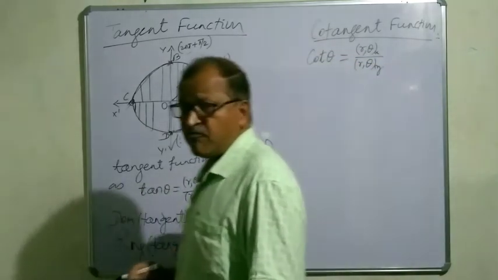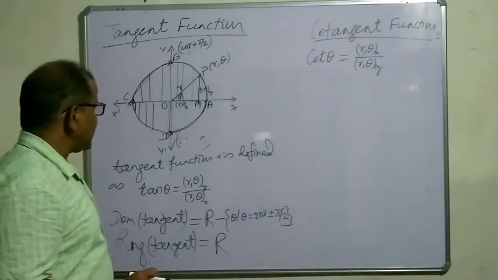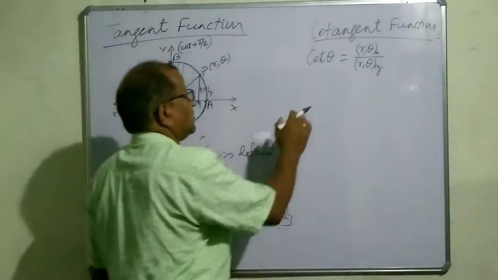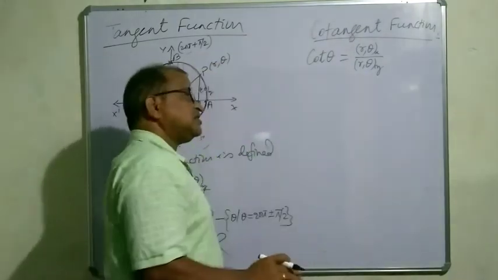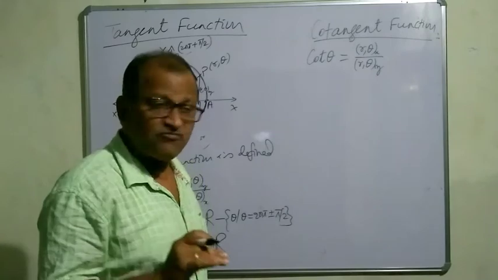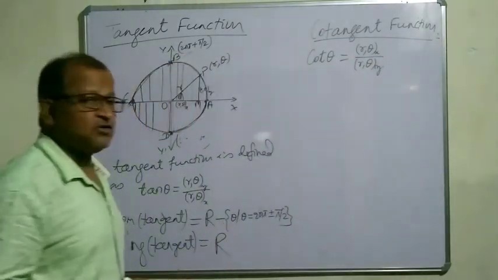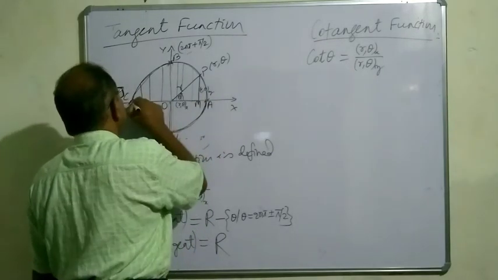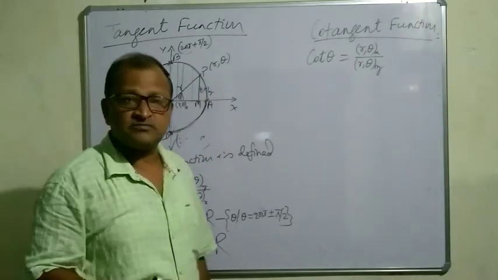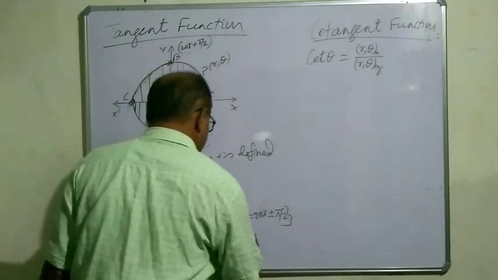How can you find its domain? Its domain can be obtained by taking the difference of the set of values of theta for which r theta y is 0. R theta y is the y coordinate, where it is 0. This is the point and this is the point.